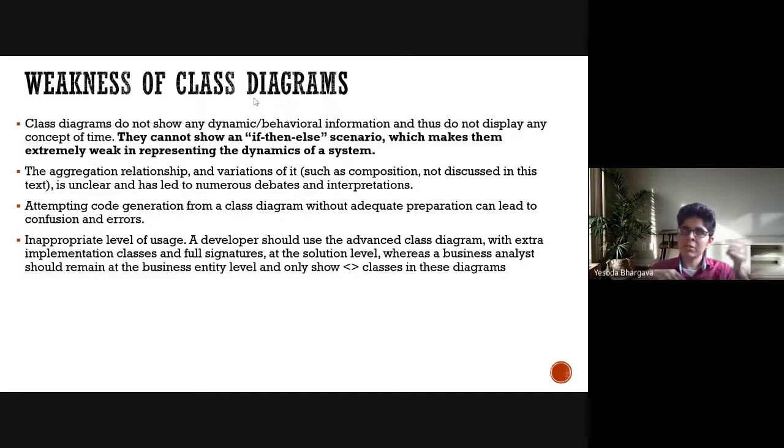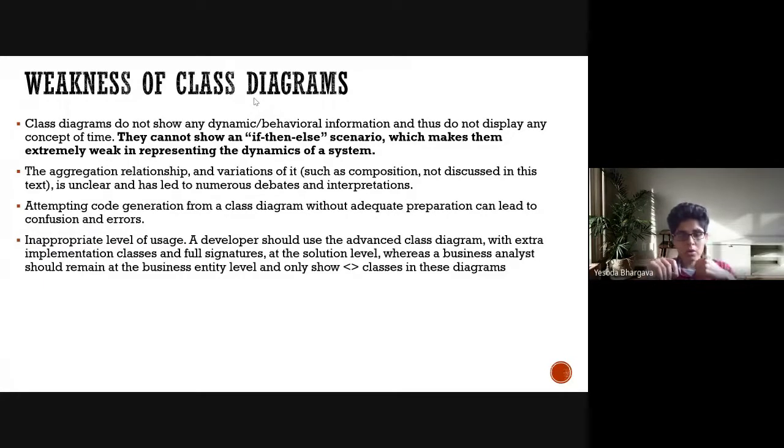Like in the hospital management, we had seen that there are classes, and then there are class managing classes also. So all these levels of detail are also critical, which may not be shown in class diagrams, but overall it provides you a view of how the system is expected to behave.